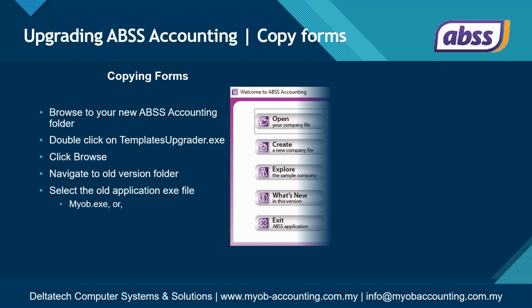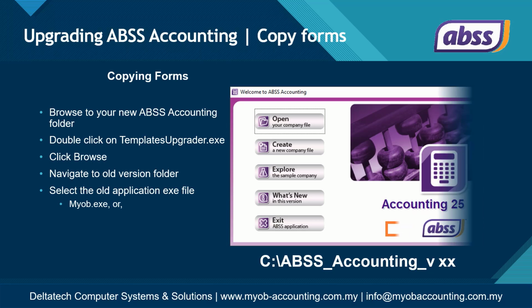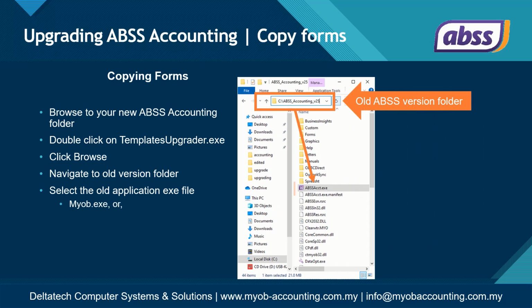If your old version is more recent, then your folder will be C, ABSS, Accounting, V, followed by the version. Browse to that folder, then look for a file named ABSS.acct.exe and select it.